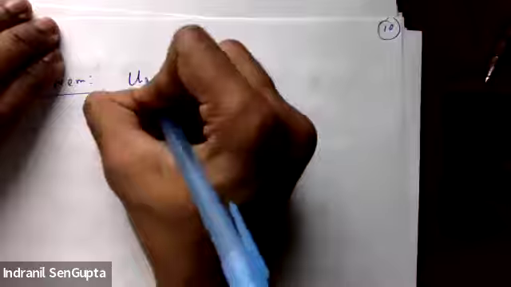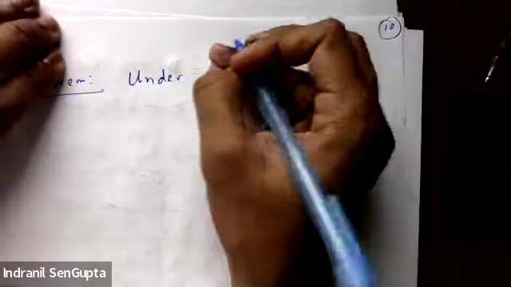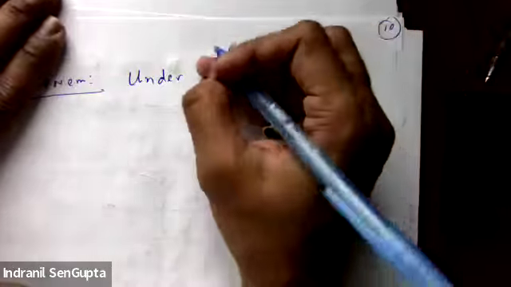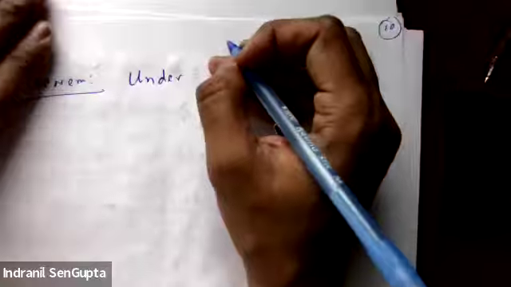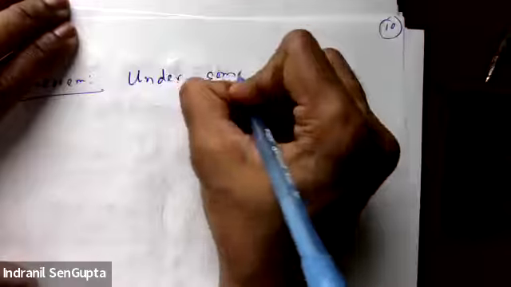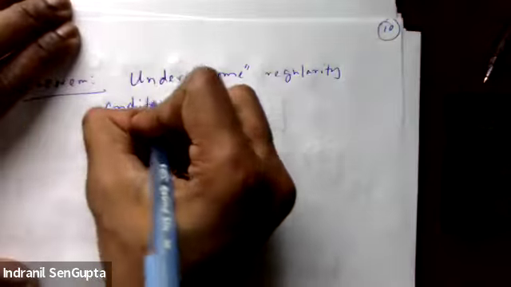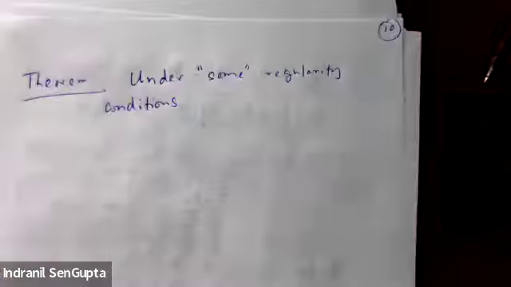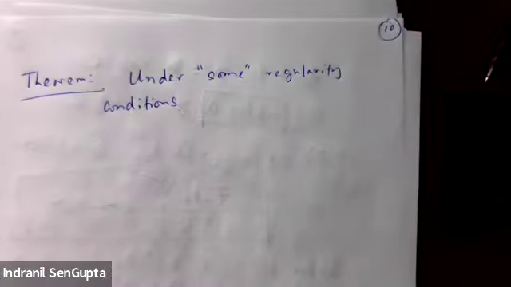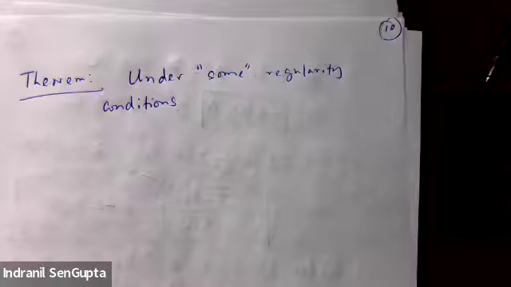So under some regularity conditions, which I'll not discuss, it's very similar to those R0 to R4 we wrote and then something else also.